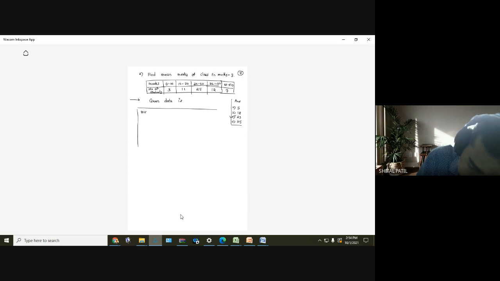So marks, number of students, then we want the midpoint, and then their multiplication. We'll do it one by one. So marks 0 to 10, 10 to 20.